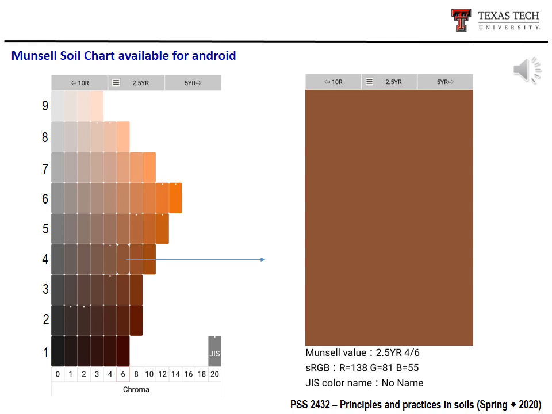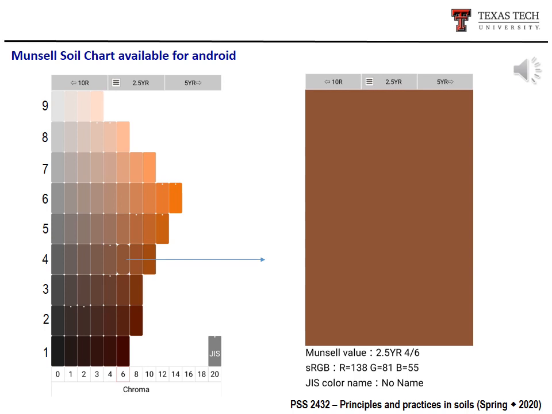This brown color is 2.5 YR 4/6, the value is 4 and the chroma is 6, and the correlation with the RGB system is R is 138, G is 81 and B is 55.